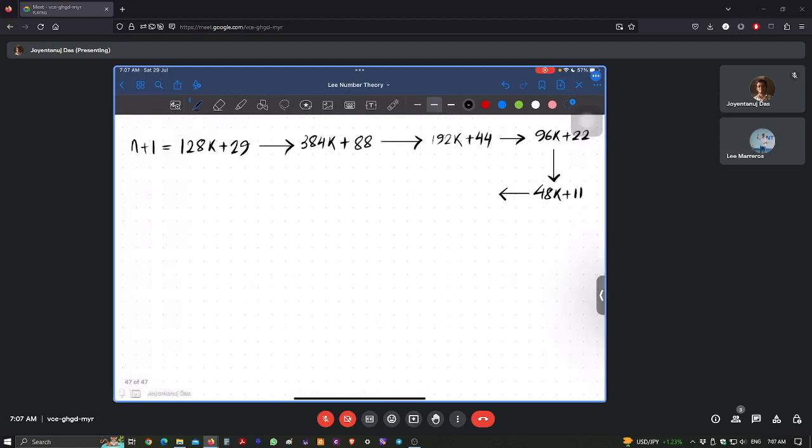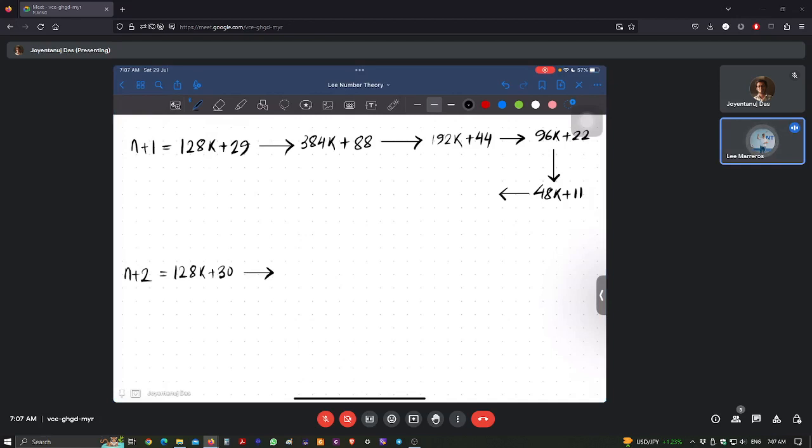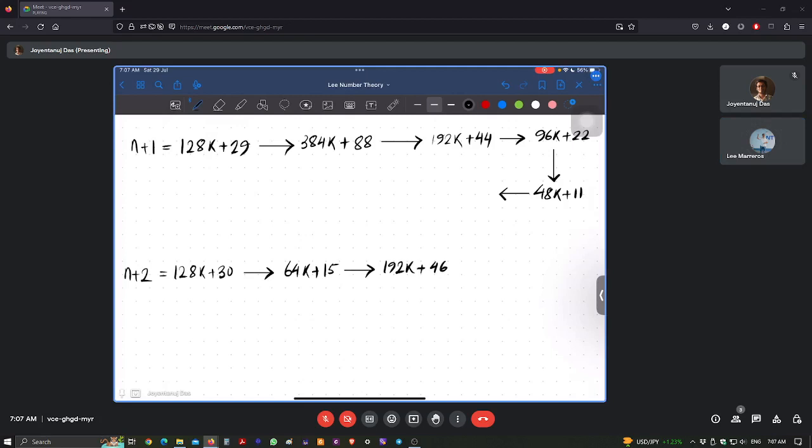Let us check for n plus 2. So n plus 2 is 128k plus 30, then 64k plus 15, then 192k plus 46, then 96k plus 23.